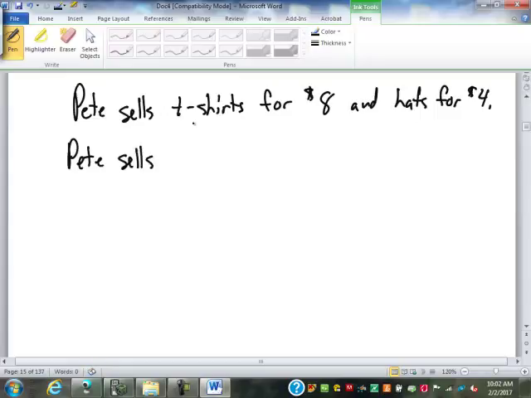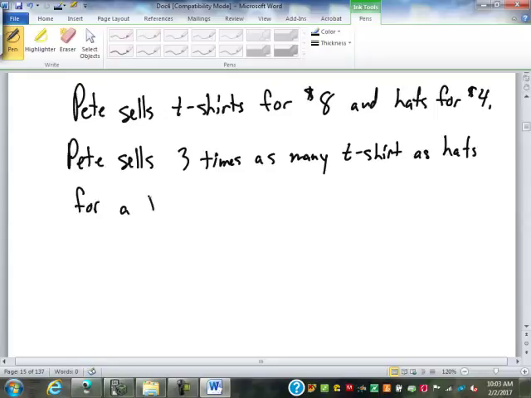Pete sells 3 times as many t-shirts as hats for a total of, well, what do I do here?